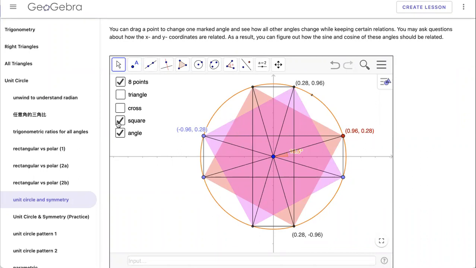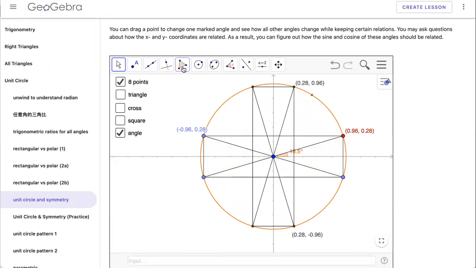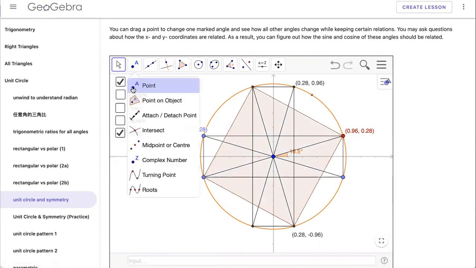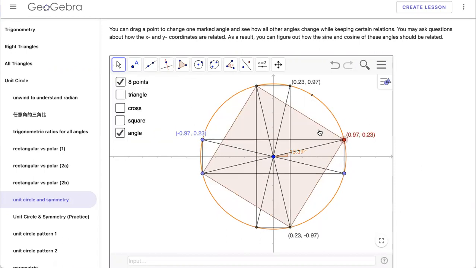For example, maybe I stop it. Now I can show you how to make a square. Simply draw a polygon. Join the points, then you have a square. And for the square, now change the color.